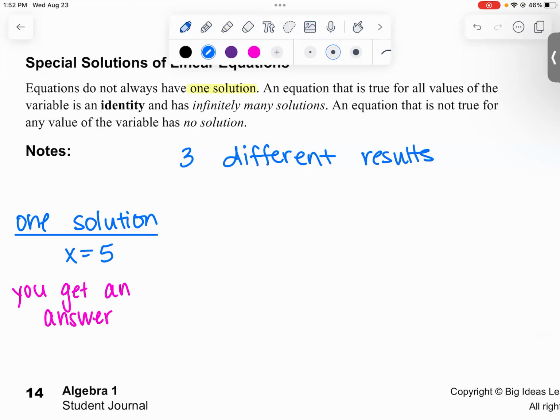We could get one solution, which is what we've been doing. Yay, we solve, we get X equals 5, we get X equals 3, we get X equals 275. We get an answer.